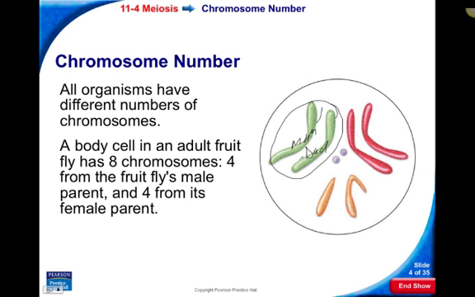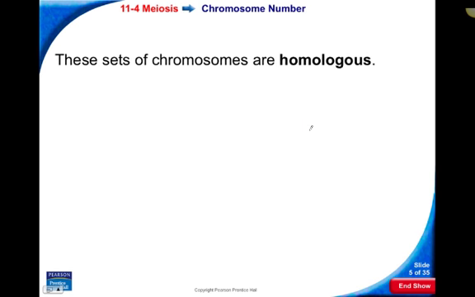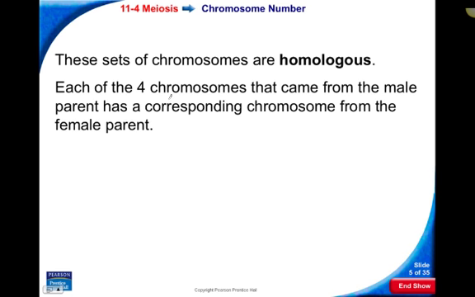They have similar areas where different genes are found. So this could be where the eye color gene is found, and depending on what allele is present, it could be dominant or recessive from mom or dad. These are homologous chromosomes, matched up here as pairs. Each of the 4 chromosomes that came from the male parent has a corresponding chromosome that came from the female parent.